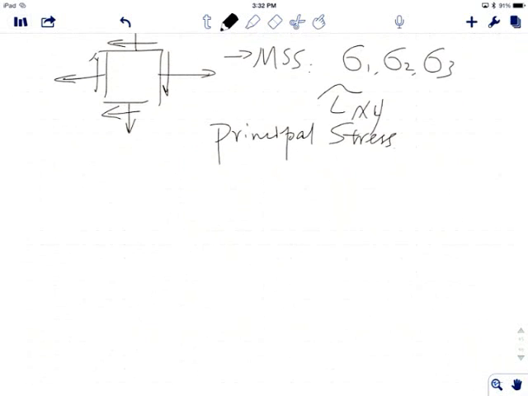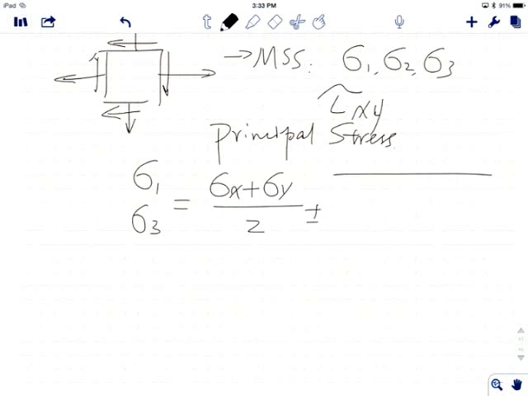So, the equation goes like this: if you have stress in both normal and transverse directions, then the principal stress equals sigma x plus sigma y divided by 2, plus or minus the square root of ((sigma x minus sigma y) divided by 2) squared plus tau xy squared.